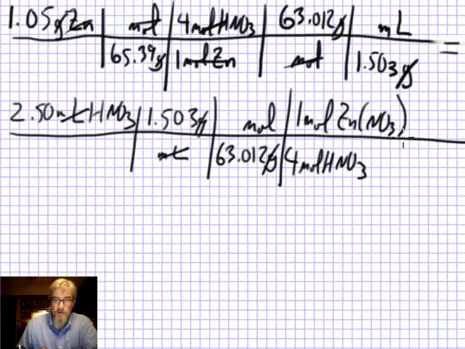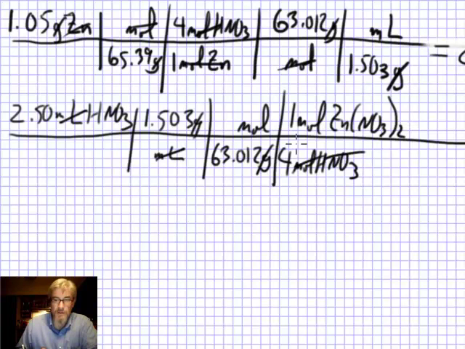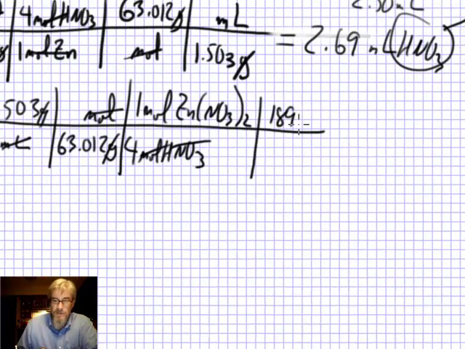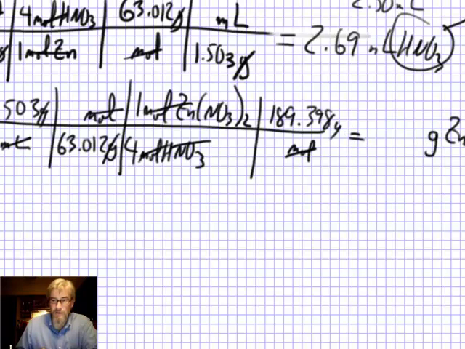So with these calculations, I've now converted to moles of zinc nitrate. I want grams of zinc nitrate, so there's only one other step, and that is to use molar mass. The molar mass of zinc nitrate is 189.398 grams per mole. Moles are now canceled out, and I will have grams of zinc nitrate. The answer to 3 significant figures is 2.82 grams of zinc nitrate.